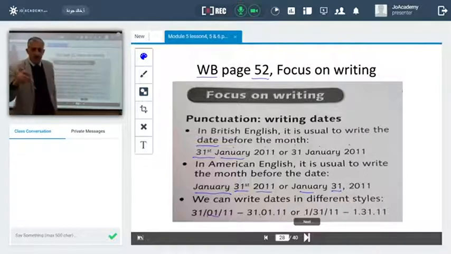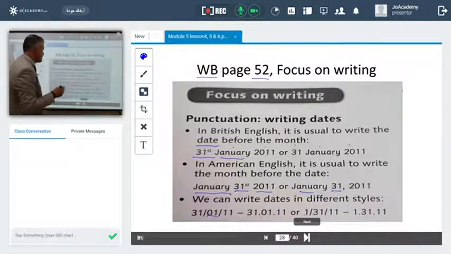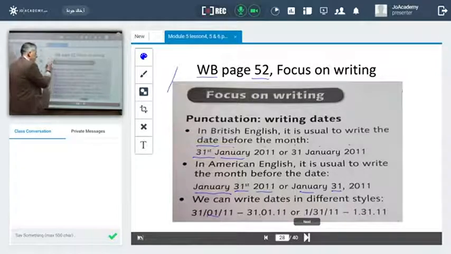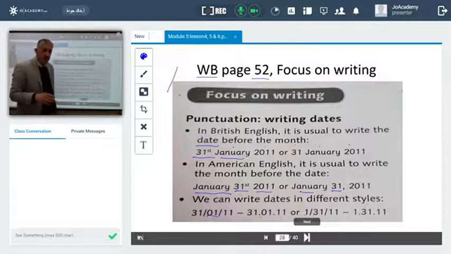So either you put a slash or a dot between the month, the date and the year.